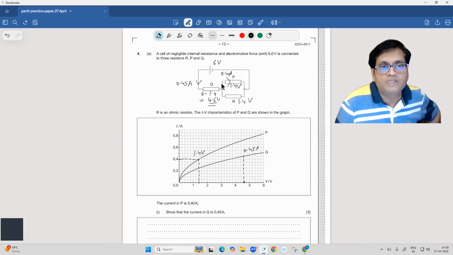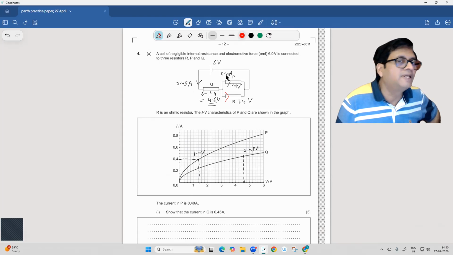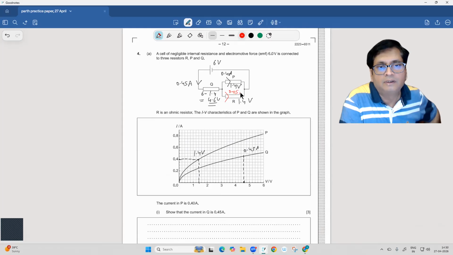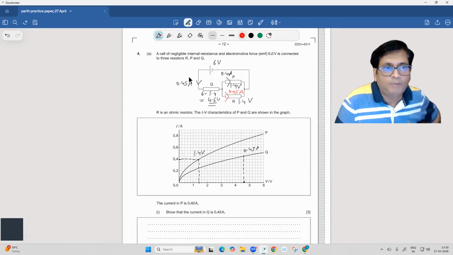Out of which 0.4 is going here. तो यहां पर कितना जा रहा है? 0.45 minus 0.4, right? Junction rule, right? Whatever is coming here is going here or here. 0.45 is coming, out of which 0.4 is going here, and then 0.05 will be going here only, right? So balance is only how much? 0.05. So that must be going here, right?